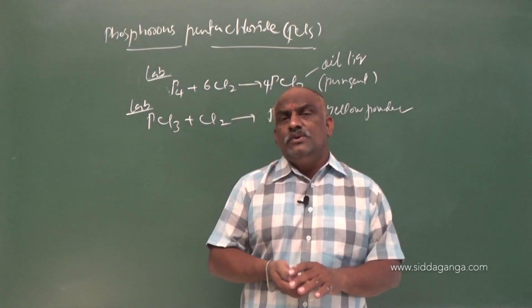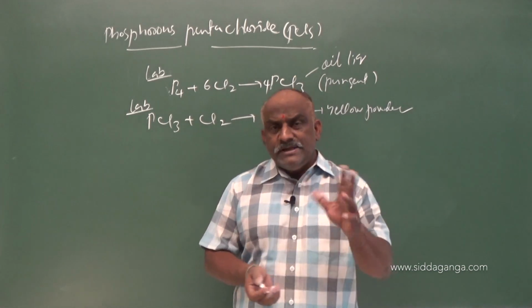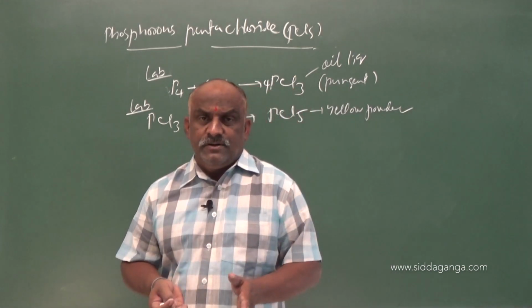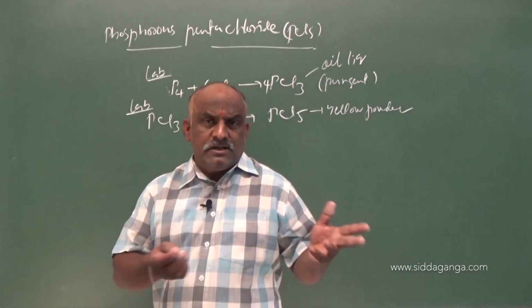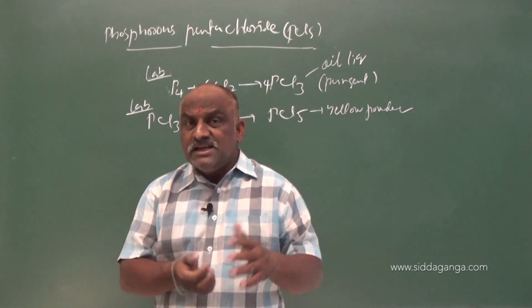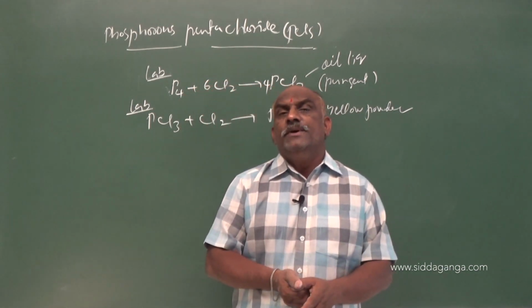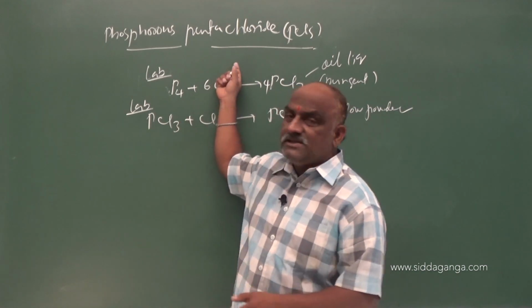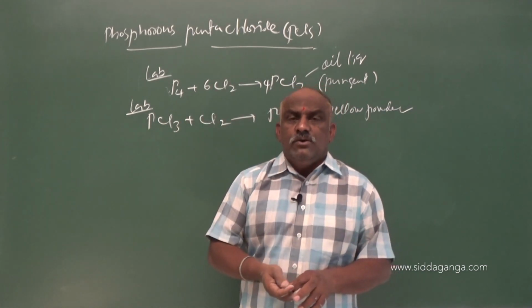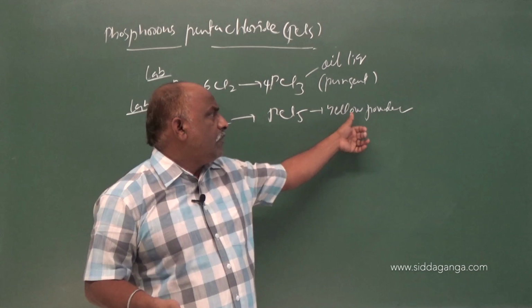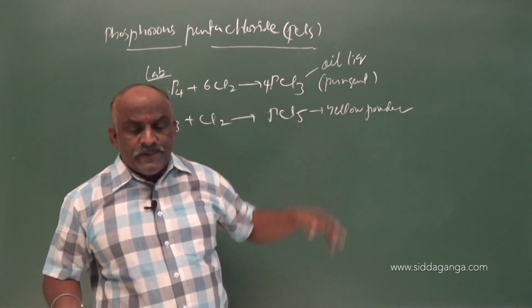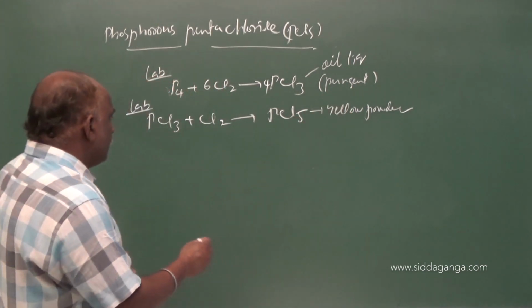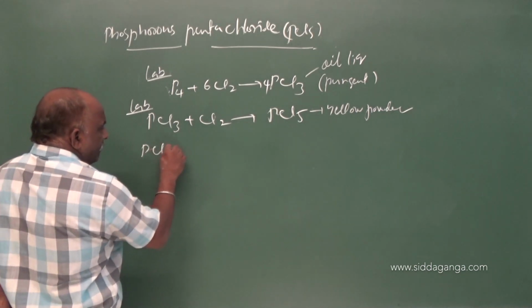Once you read this concept, comparison is very important. How to prepare, what are the general preparations, what are the general properties, we have to compare with respect to PCl3 versus PCl5.